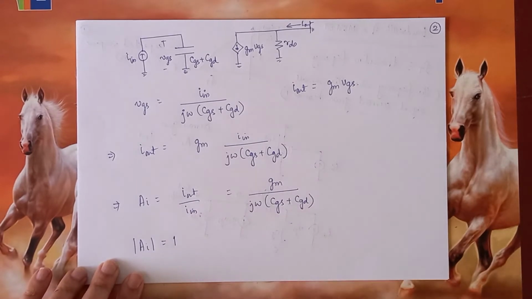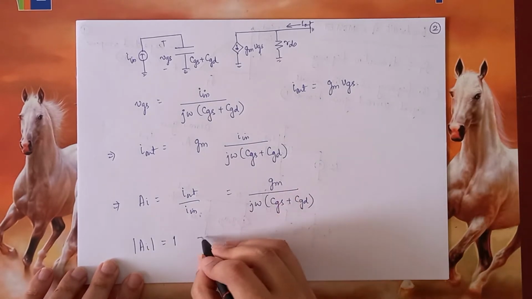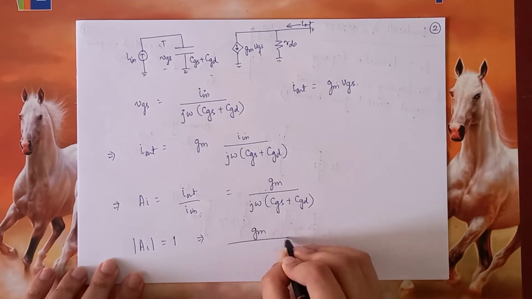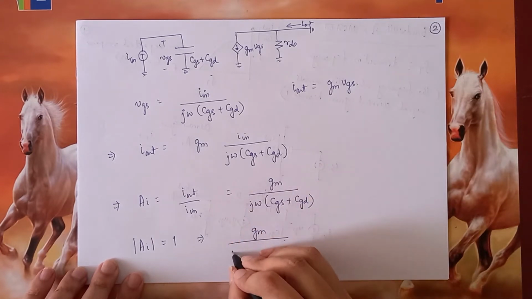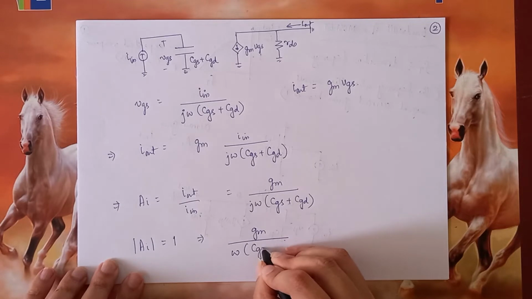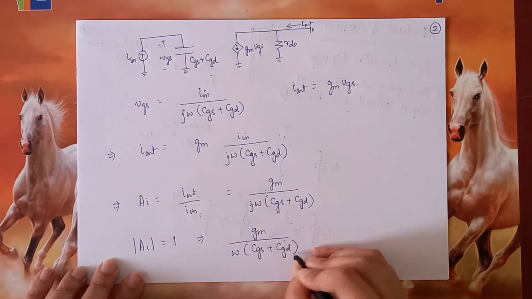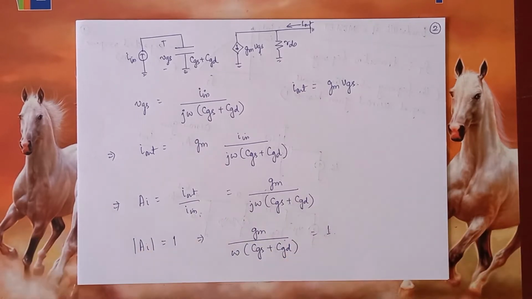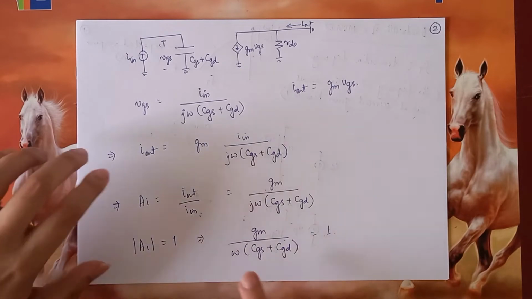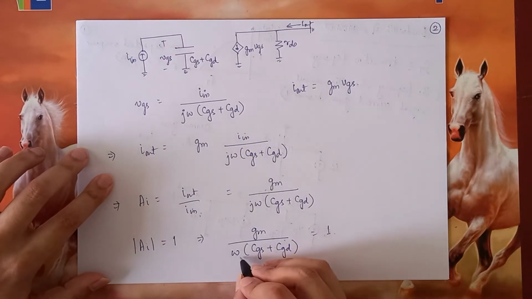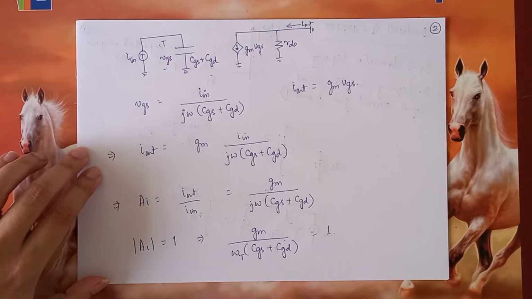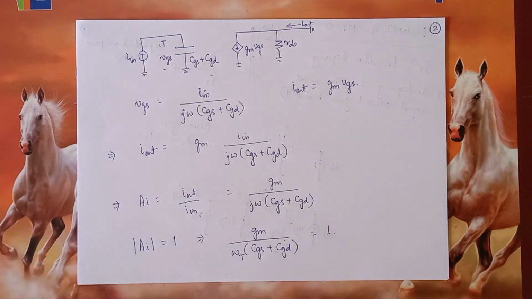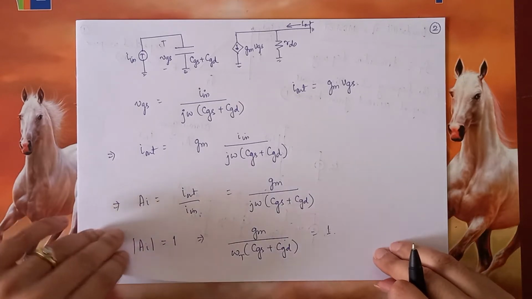So if mod of AI is 1, then GM divided by omega times (CGS plus CGD) will be equal to 1. At that frequency, when the current gain becomes 1, omega will be omega t, or the transition angular frequency.